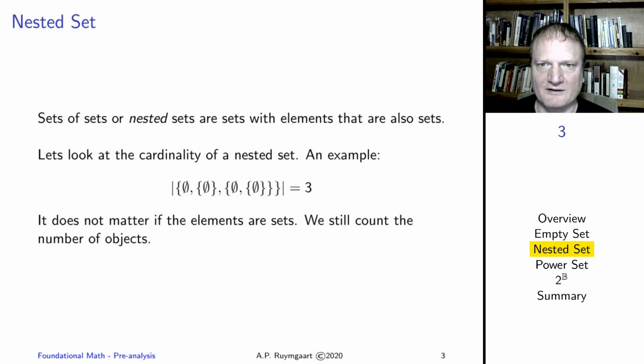We have that first empty set element, a second set element containing the empty set, and a third set element that is also nested. The number of elements here, however, regardless of the level of nesting, is 3. So it doesn't matter that the elements of our set are also sets. We still count them as individual objects, no matter what their level of nesting is.